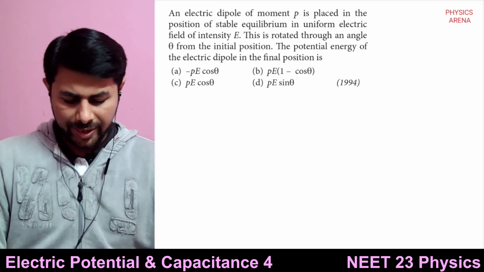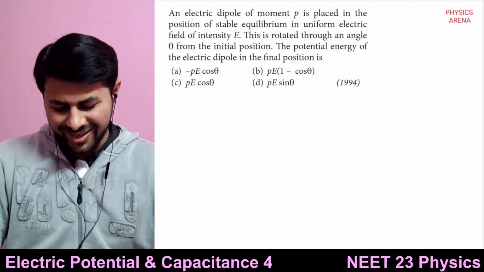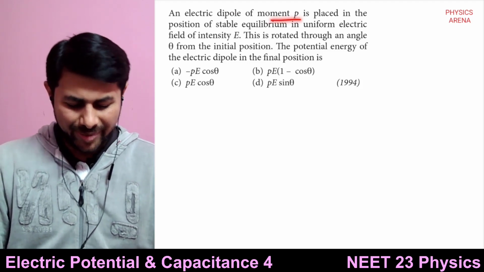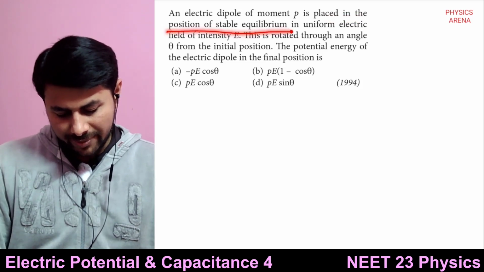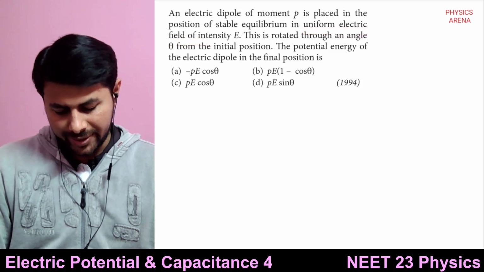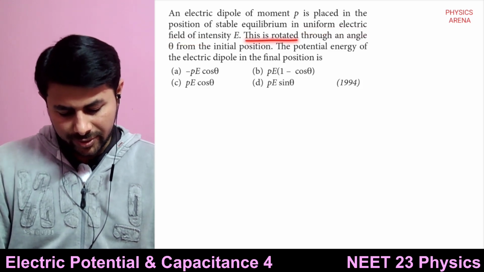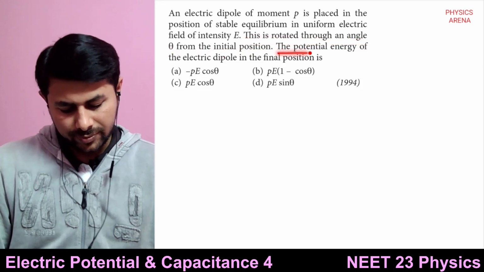An electric dipole of moment P is placed in the position of stable equilibrium in uniform electric field of intensity E. This is rotated through an angle of theta from initial position.